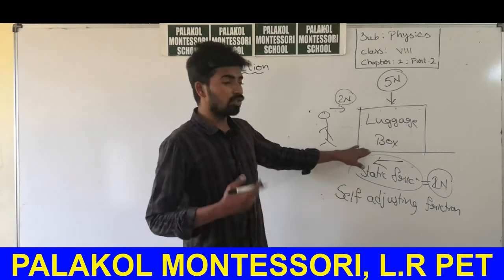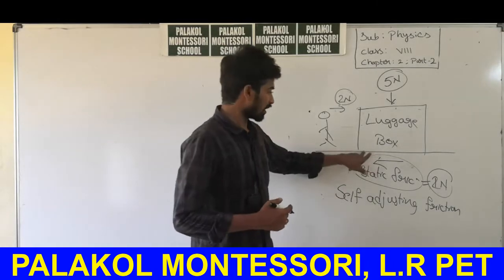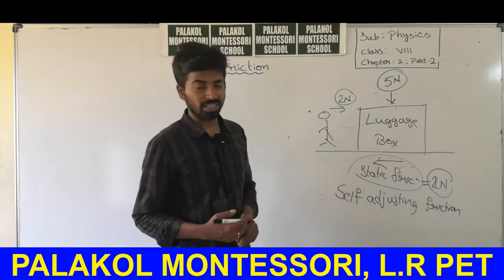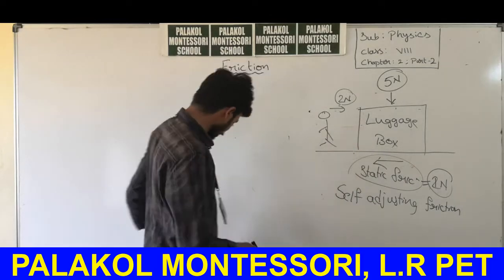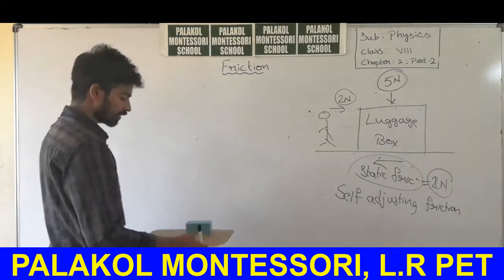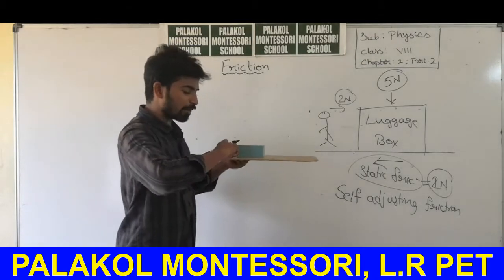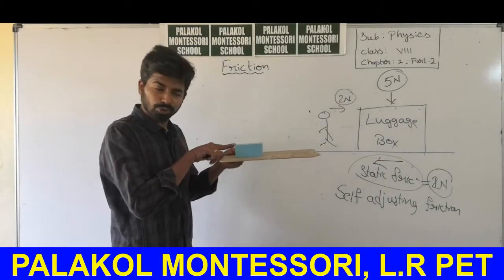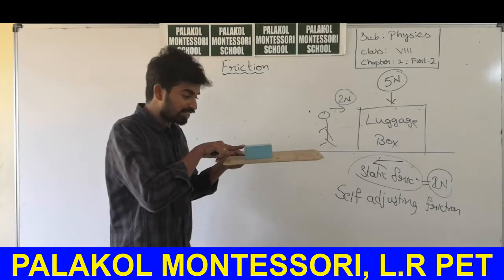Then there is relative motion between the surface of the box and the plane surface. Initially I applied 1 Newton, it does not move; 2 Newtons, it does not move; and at 5 Newtons, it starts moving.